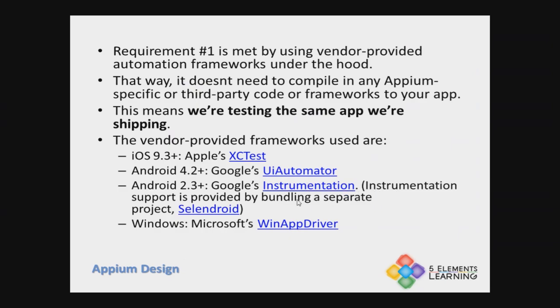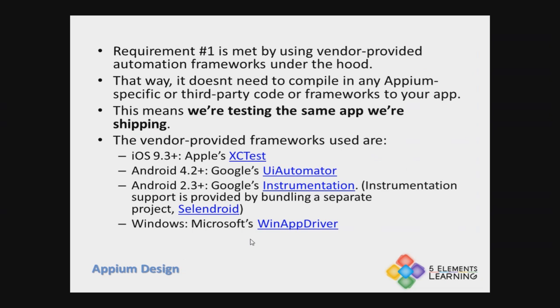So requirement one is that you have to be using the vendor-provided automation frameworks under the hood, which means that you should not be required to compile your application using any specific framework provided by Appium, which effectively means we are testing the same application which we are shipping.